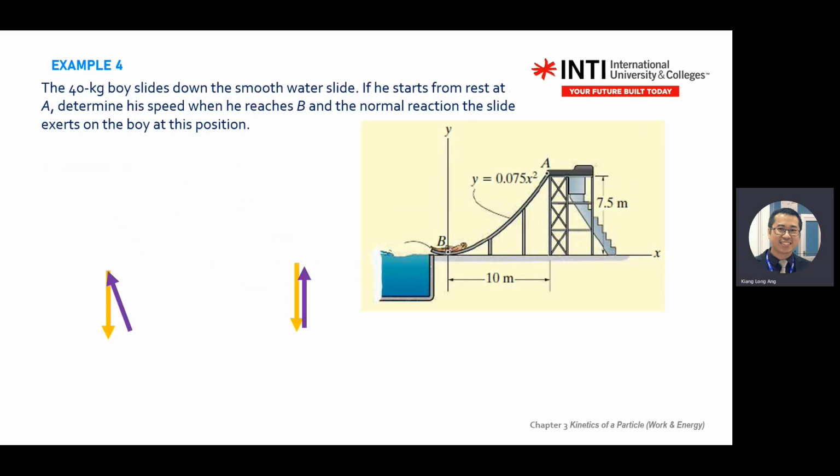Okay. Example 4 is one of the famous question when it comes to final exam.